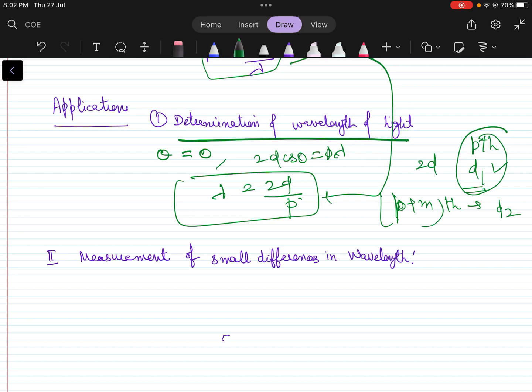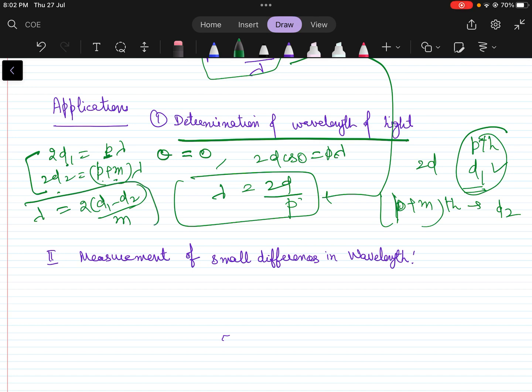Then what is the relation? We can say 2d1 is equal to p lambda, and 2d2 is equal to p plus m into lambda. From these two relations we can find out lambda, and lambda comes out to be 2(d1 minus d2) over m. So in this way we can find the wavelength.